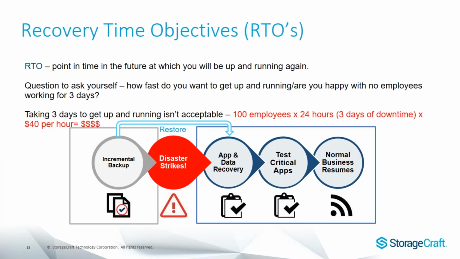So how long is it actually going to take you to restore back to full production? The fact is, taking 2, 3 days, even longer to get up and running just isn't acceptable, and it's going to cost your business a lot of money. The question to ask yourself, or to ask your customers: how fast do you want to get up and running? And are you happy with no employees working for 3 days?